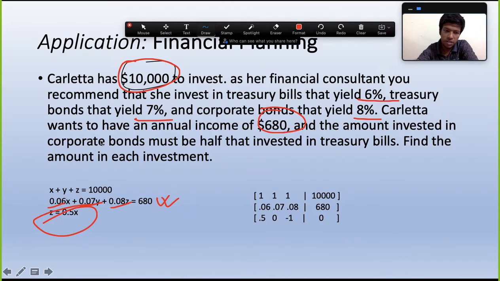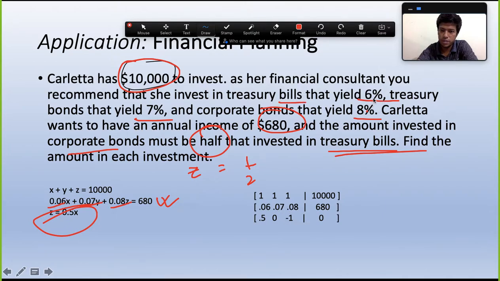And the last condition, this becomes z equals 0.5x, which comes from this line. The amount invested in corporate bonds. Corporate bond is the last one, 8%. That's why z. Corporate bonds equal half of what she invested in treasury bills. Treasury bills is the first one, 6%.